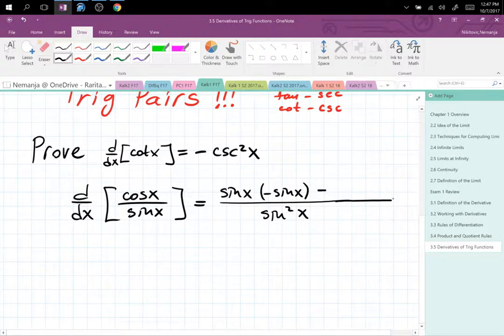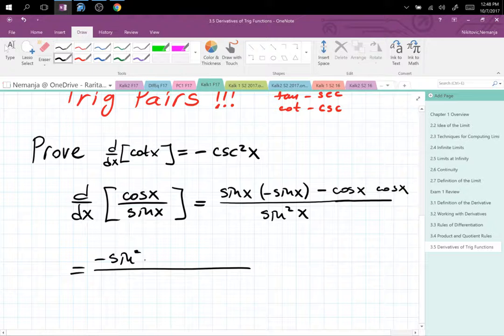Minus, and then we copy the cosine, and the derivative of sine is cosine. We have negative sine squared x minus cosine squared x over sine squared x.